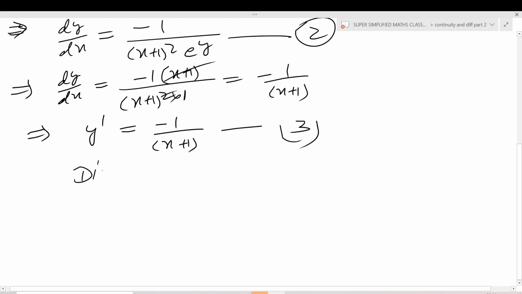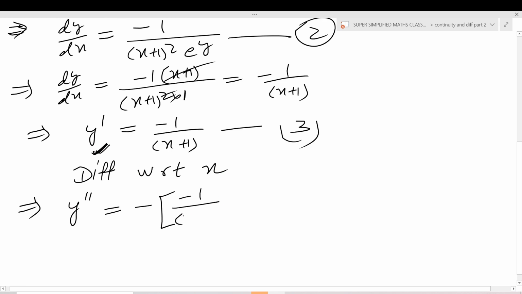Since what we have to prove involves the double derivative, or the second derivative, hence we differentiate the whole equation again with respect to x. So you see the derivative of the first term, that is y dash, will be y double dash, and on the right hand side, negative is common. Derivative of 1 upon x plus 1 is minus 1 upon (x plus 1) whole square, and we close the bracket.